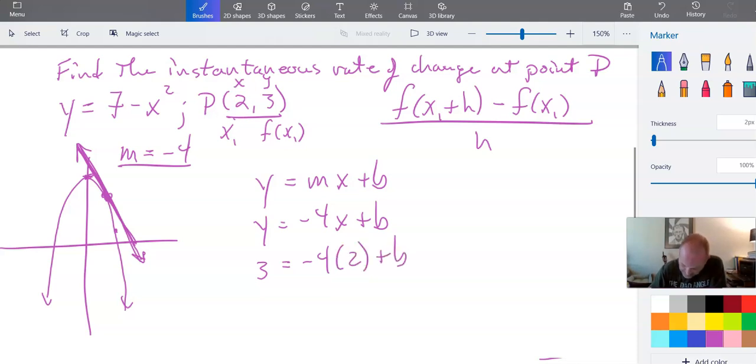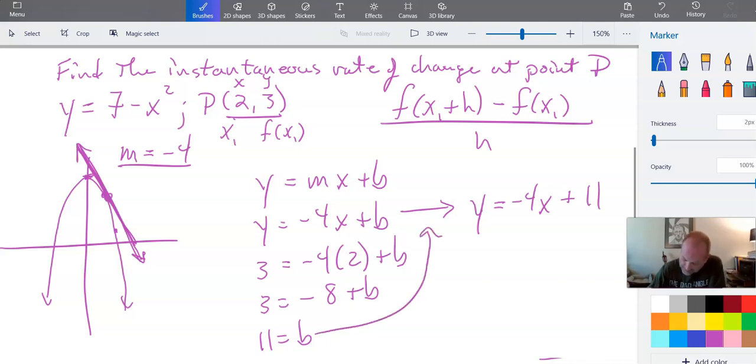And so that means 3 is equal to negative 8 plus b. And that means 11 is b. And so if 11 is b, all I have to do is plug it back in here. The tangent line at this point is y equals negative 4x plus 11.